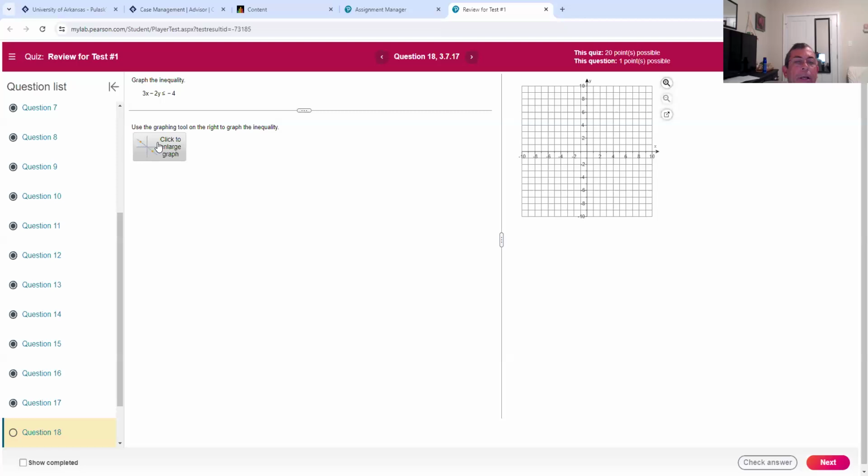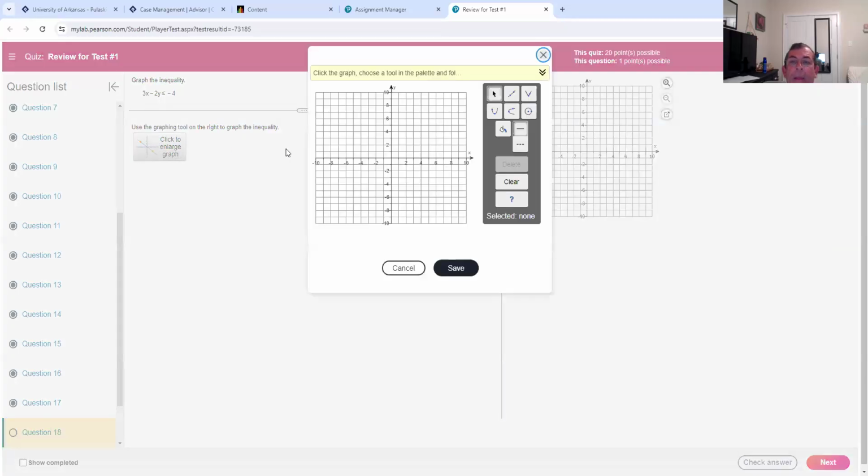So I'm going to click to enlarge my graph. Now, notice, it is on a solid line by default. So go up here and choose the line tool. Plot your 2 points. I had 0, 2. So I'm at 0, go up 2.